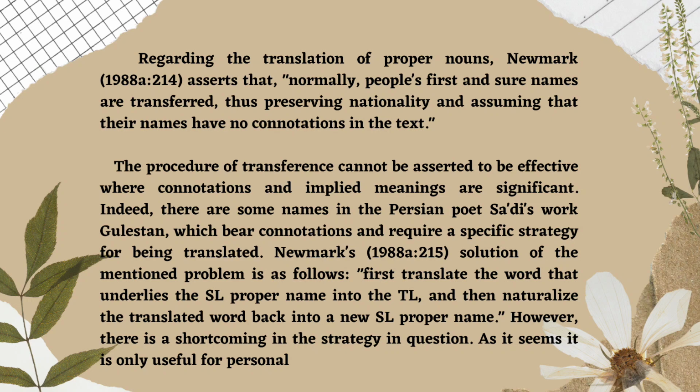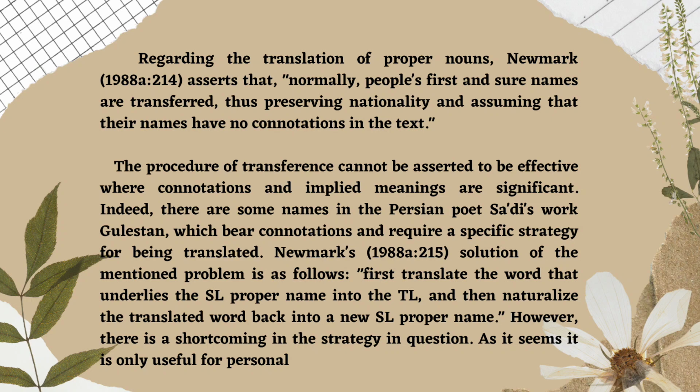Newmark's solution to the mentioned problem is as follows. First, translate the word that underlies the SL proper name into the TL, and then naturalize the translated word back into a new SL proper name.